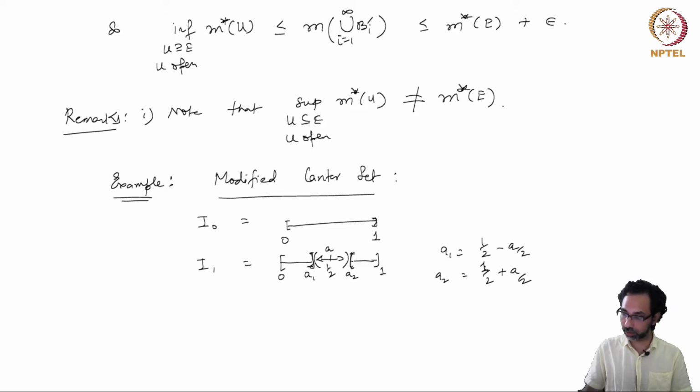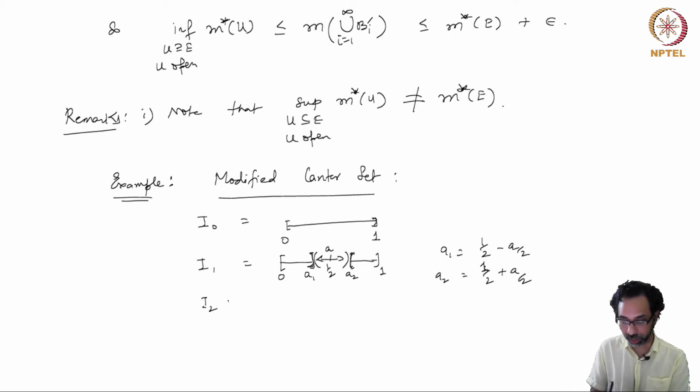Now if you have seen the Cantor set before, in that case a will be 1 by 3, and we subsequently remove subintervals of length 1 by 3 from each of the subintervals that comprise I1. But here we will not do that.